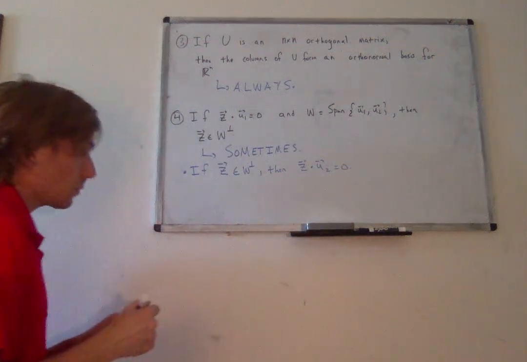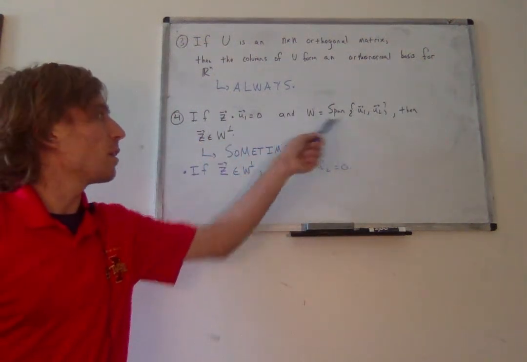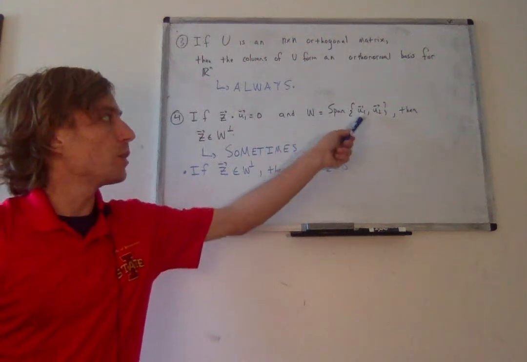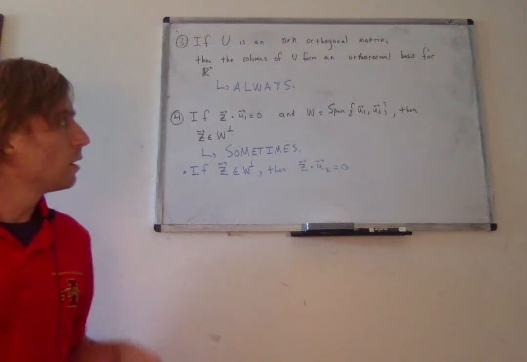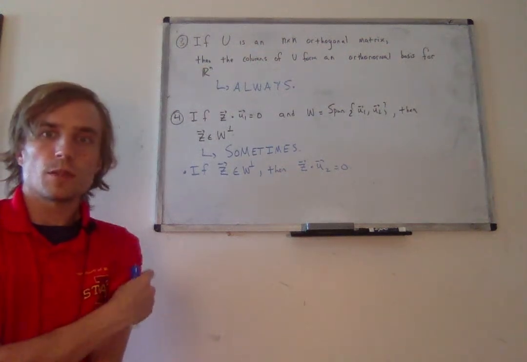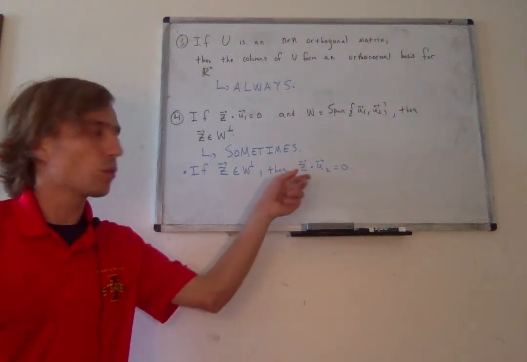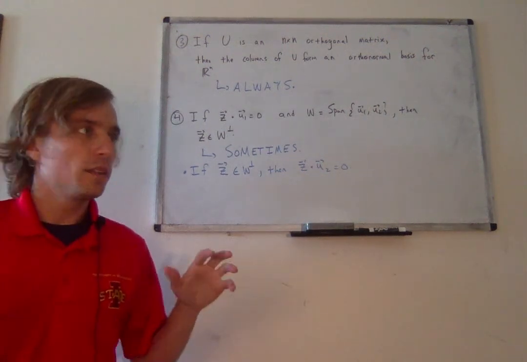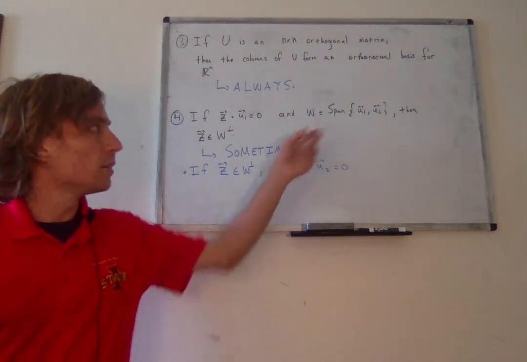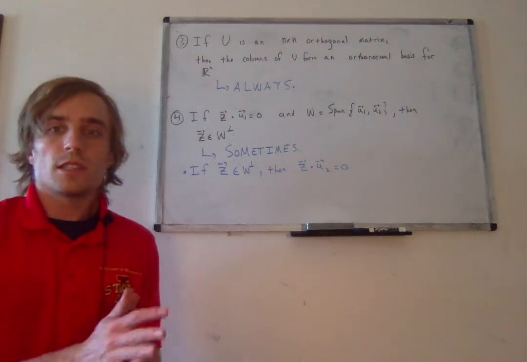So what this statement says is that if Z is orthogonal to U1 and W is this set spanned by U1 and U2, then Z is in W perp. And the answer would be sometimes true, right? In order for this to be always true, we would need to know that Z was orthogonal to U2. Depending on that, it may or may not be in this set W, or orthogonal to this set W.